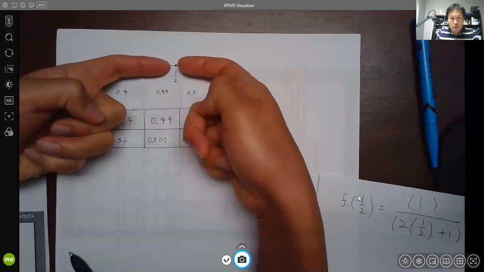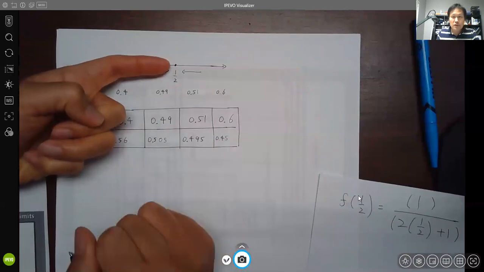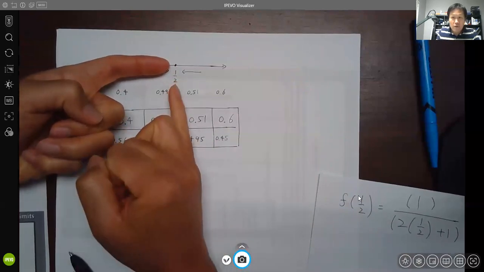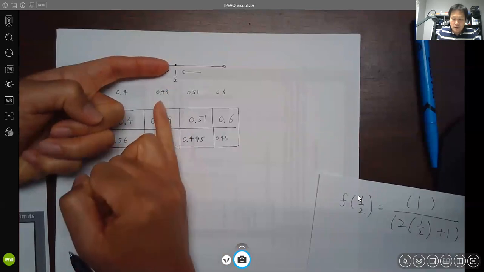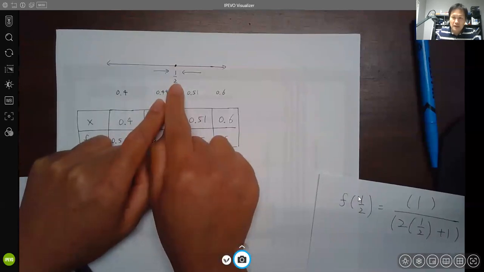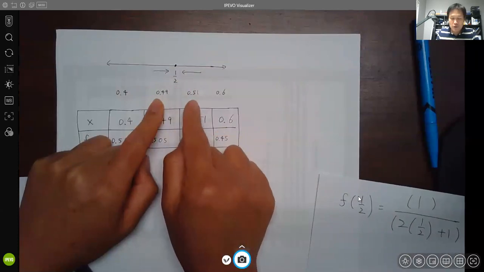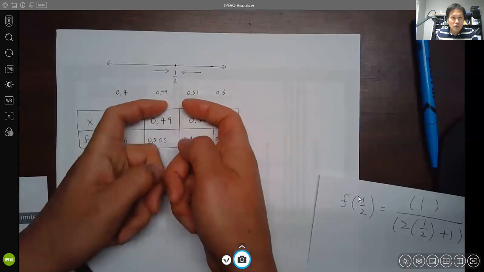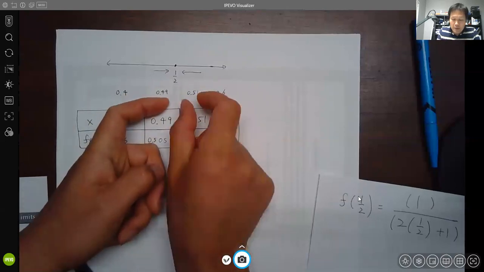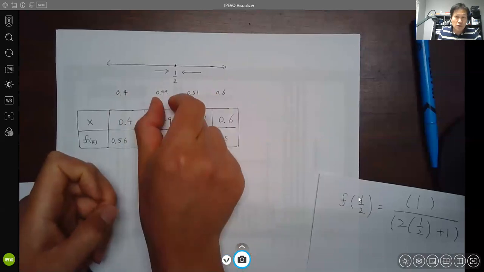I made a gap of 0.01 from 0.5, left and right. So I did 0.5 minus 0.01 and 0.5 plus 0.01. They are very, very close to 0.5.